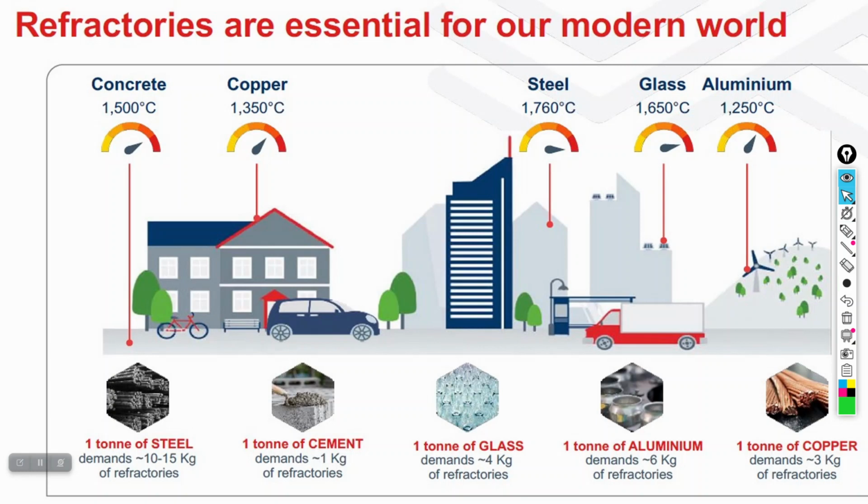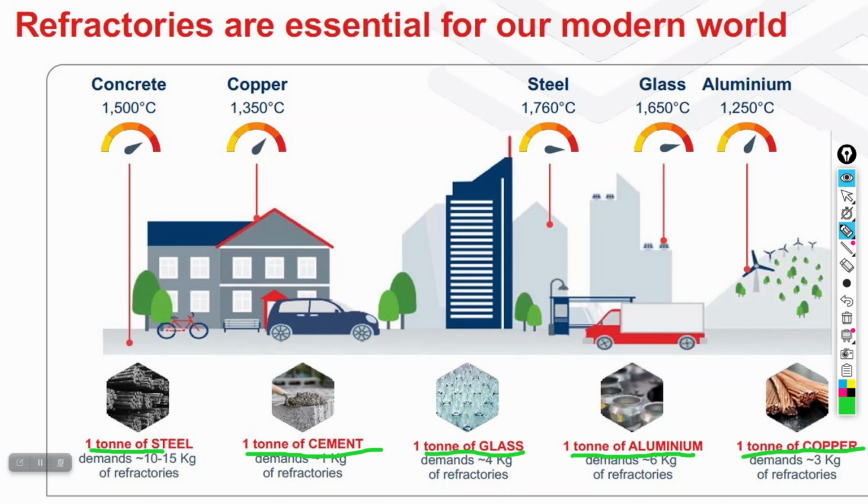So these refractories are essential in our modern world. For example, for all these items, steel, cement, copper, aluminium, glass, etc., to manufacture all these we need furnace, and in that furnace refractory is an essential requirement.